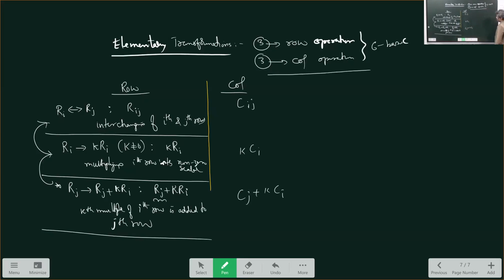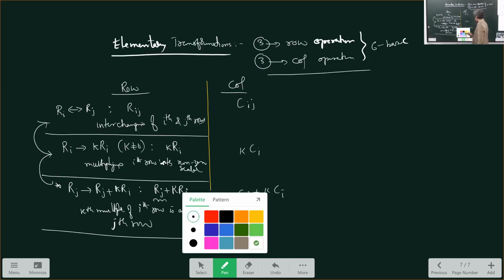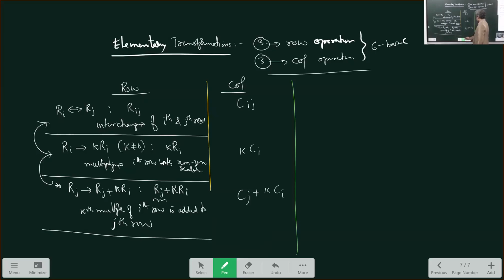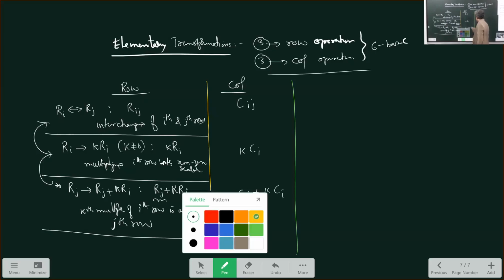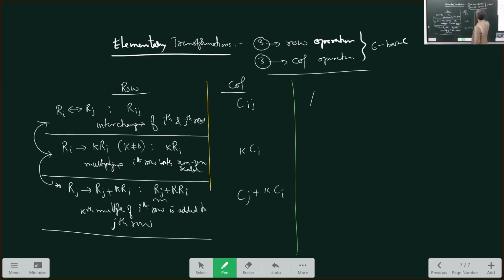Okay, and these are used to evaluate, because when a matrix A is considered, on the matrix A I apply any one of these six operations.